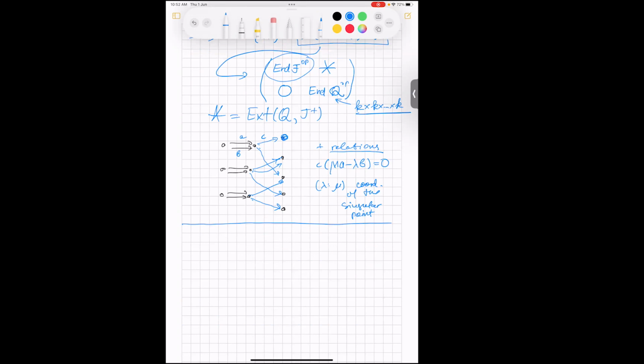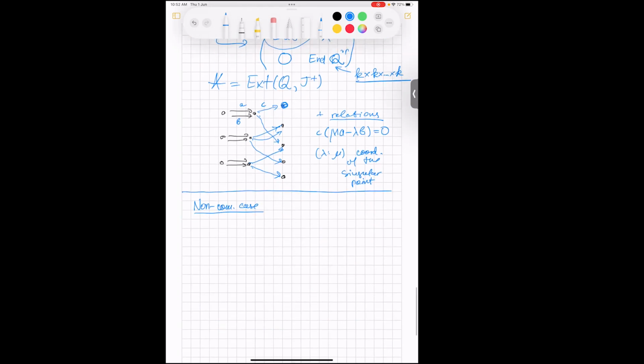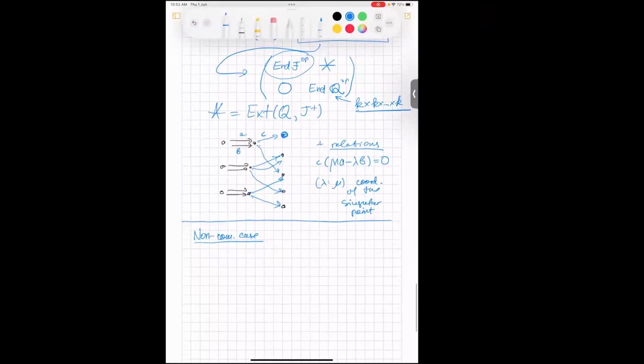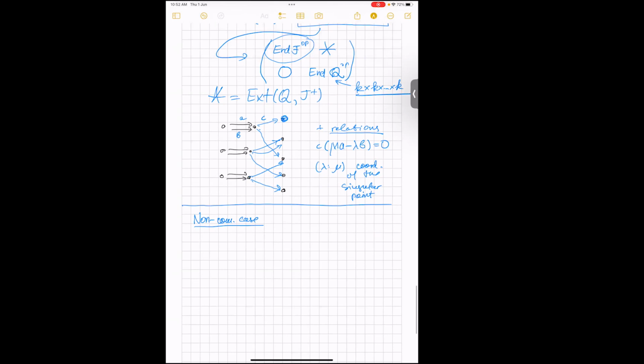Now, that is the commutative case. What is the non-commutative case? It is more interesting and more varied. Namely, we must take the same. We must take T tilting for H, for this hereditary thing.